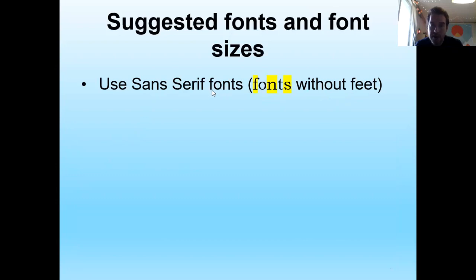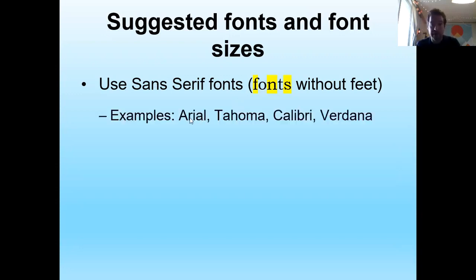This F does not, because these are different fonts. Look at the N. There are no feet on this font. For this S, there are no feet. This font that's in yellow has feet. Choose fonts without feet. These are without feet: Arial, Tahoma, Calibri, Verdana. As you can see, no feet on the bottom of these letters.